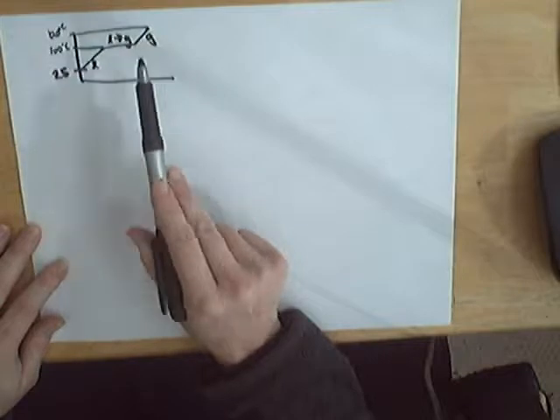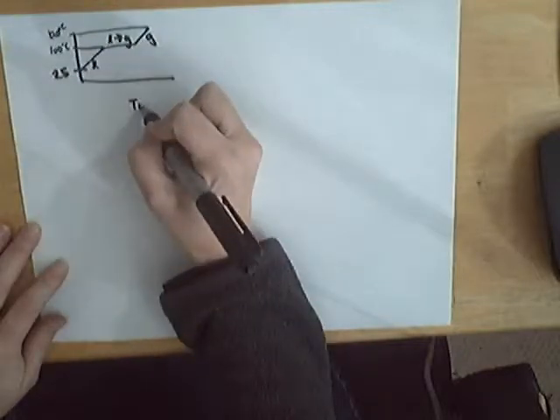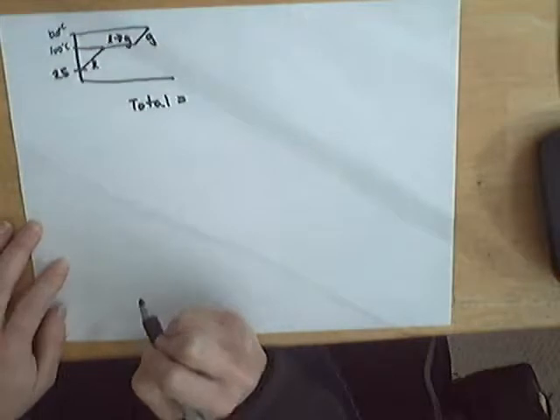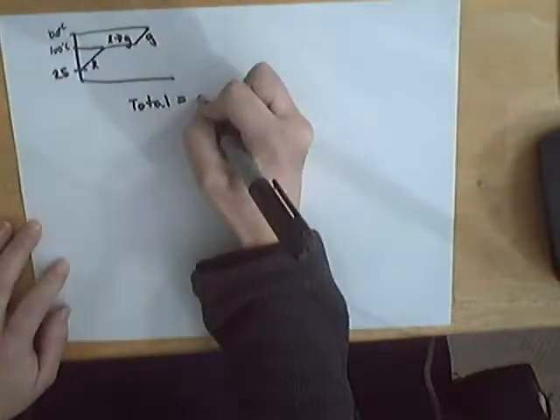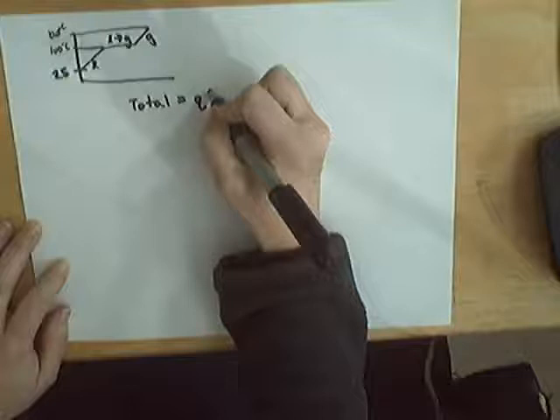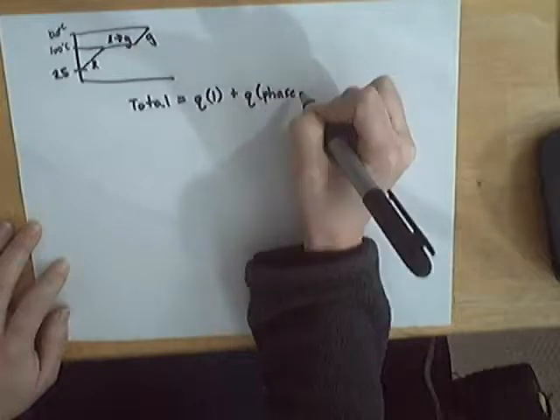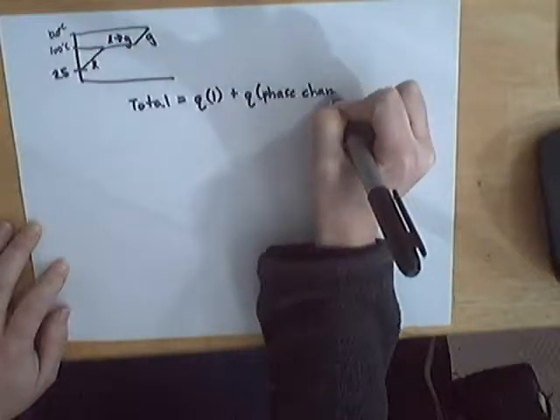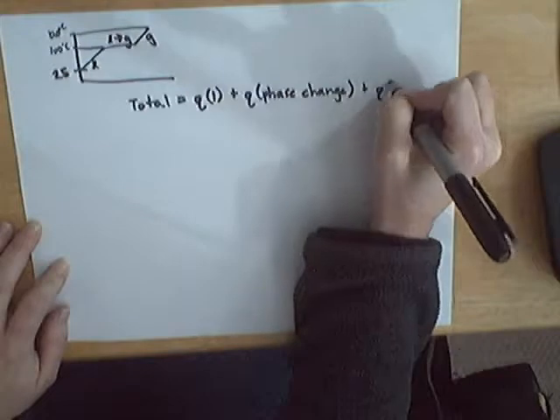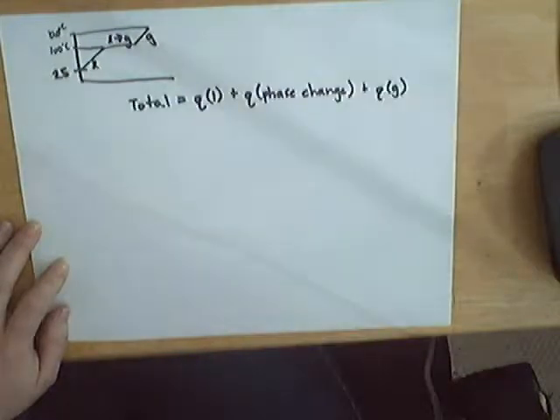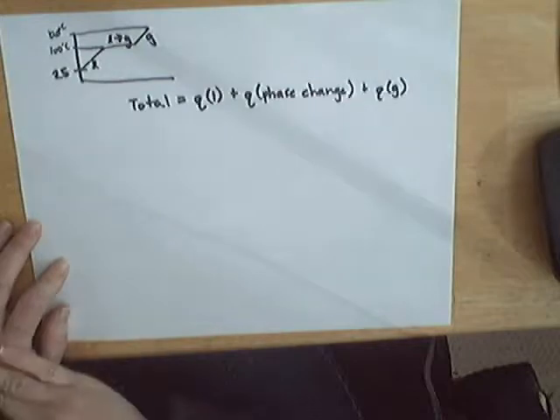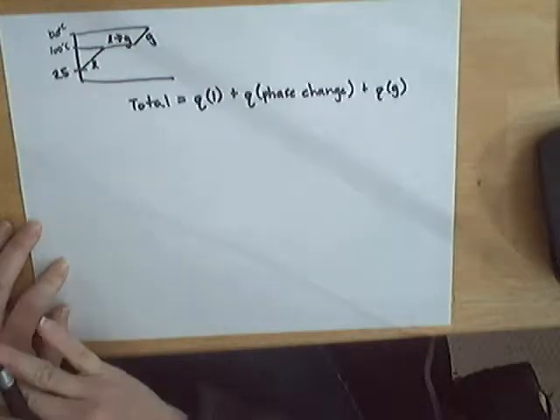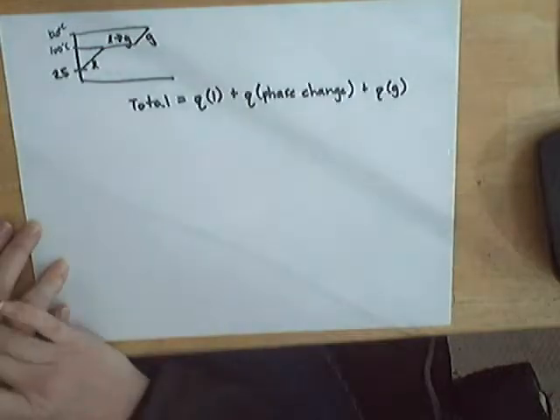If you want the total energy for this process, you're going to have to add up the amount of energy to heat the liquid, the amount of energy for the phase change, plus the amount of energy to heat the gas. When you get all three of those, then you have the total energy for this process. So we've got to calculate three different values for energy and add them all up.